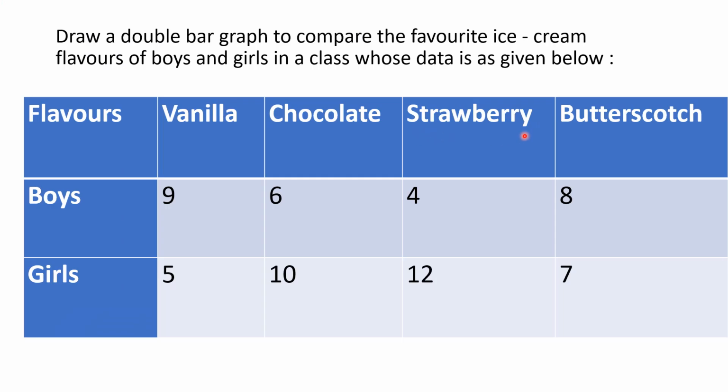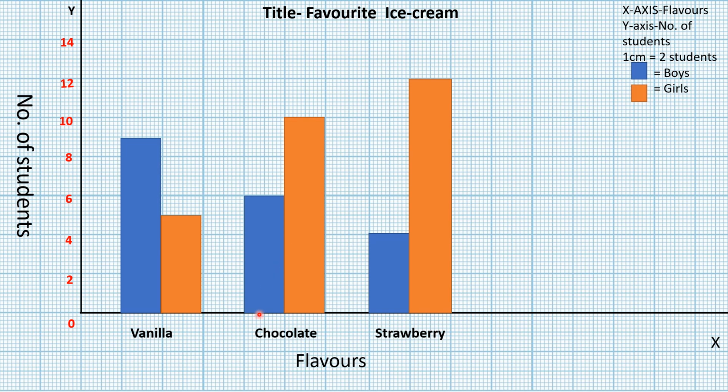Now the third flavor is strawberry flavor, and it is liked by 4 boys and 12 girls. Therefore, we have drawn this strawberry flavor here, and a rectangular bar for boys up to 4 and for girls up to 12.